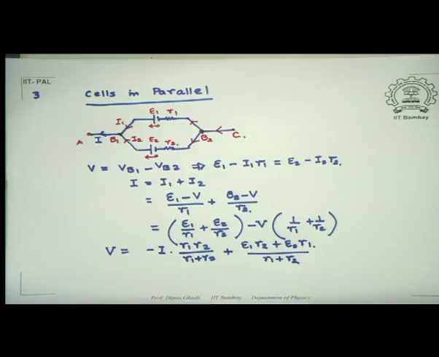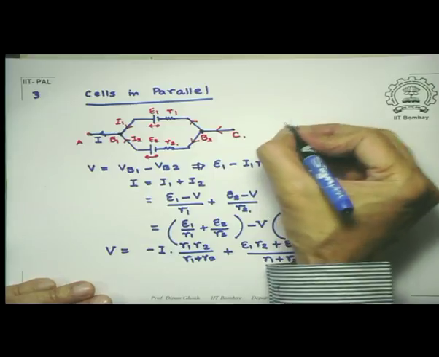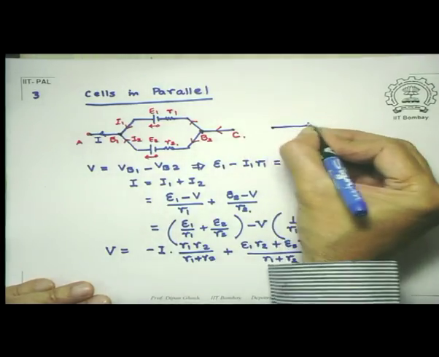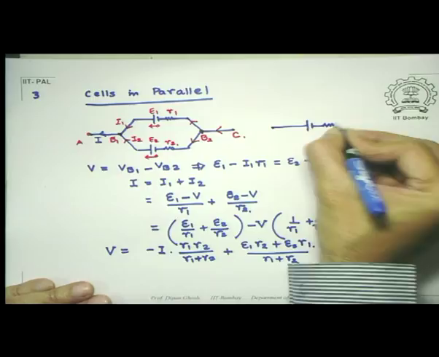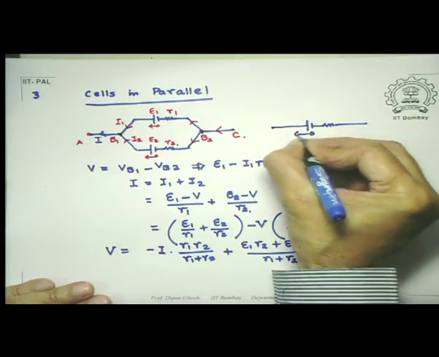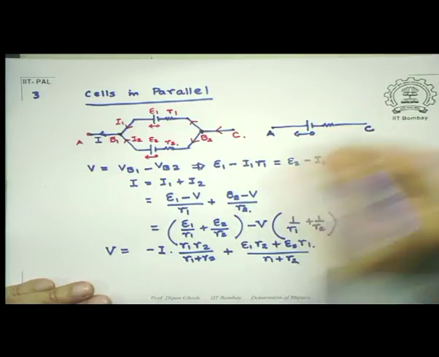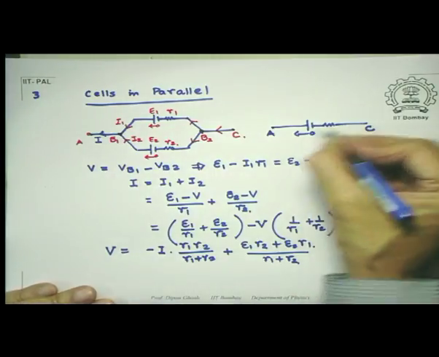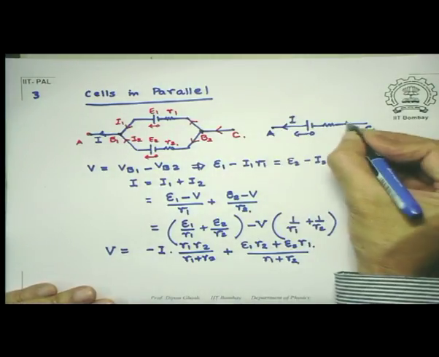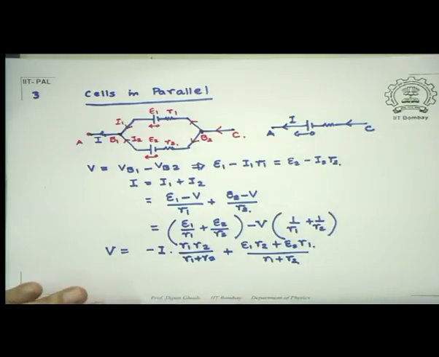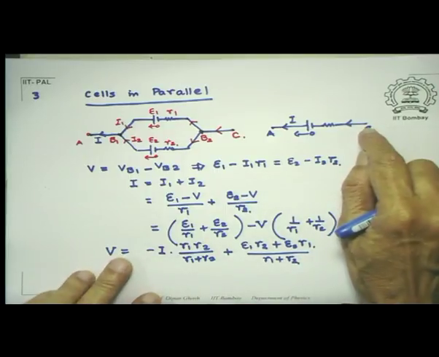Now look at this. Supposing I wanted to replace this by a single battery as before. So I have this, so this current is I, that's what is coming in. So notice that what I need to do is to have an equivalent. Notice that what would be my V?